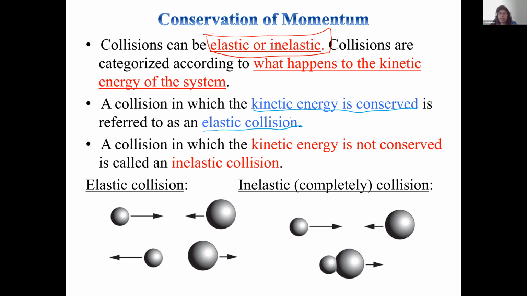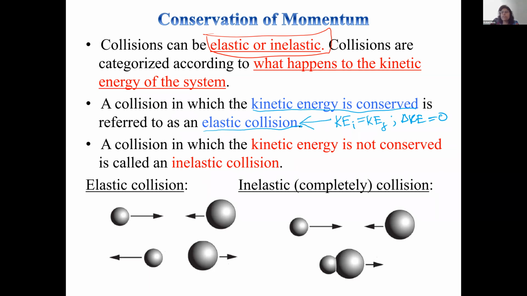How do you define an elastic collision? You need to calculate the kinetic energy initial and the kinetic energy final, and take the difference between these two. If there is a value after you take the difference, that means it is not elastic. So kinetic energy initial should be equal to kinetic energy final. In other words, the change of kinetic energy should be equal to 0, then your collision is elastic.